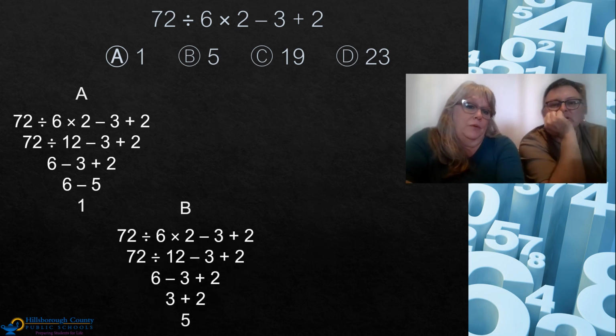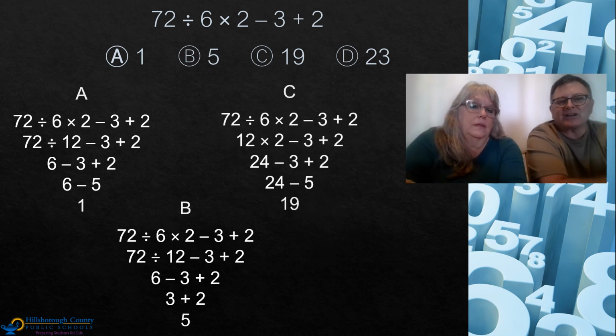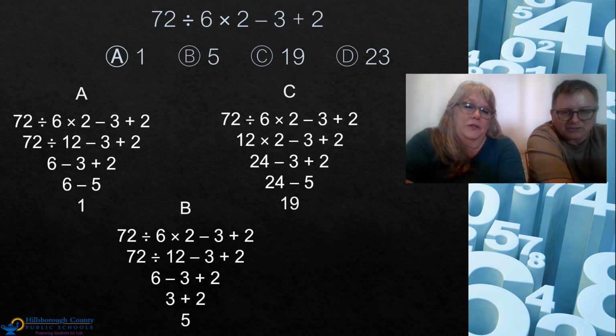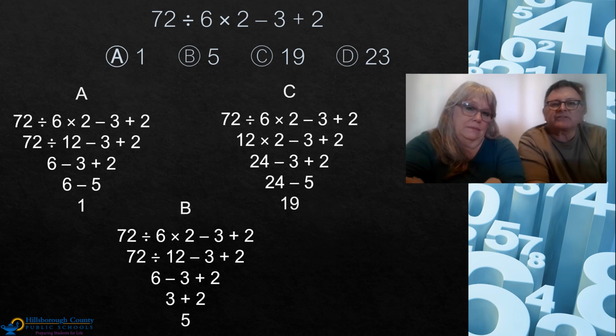B is very much like A, except that they did the addition and subtraction part correctly, but they made the same mistake with multiplying before they divided. Yes, and that's what I meant to say on A. Correct, they should have divided first. On C, they did divide first. They sure did. So what did they do wrong? Well, let me think about this.